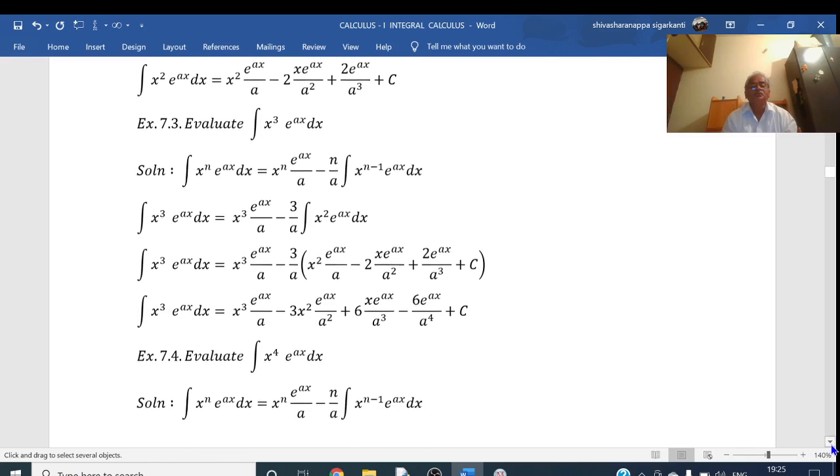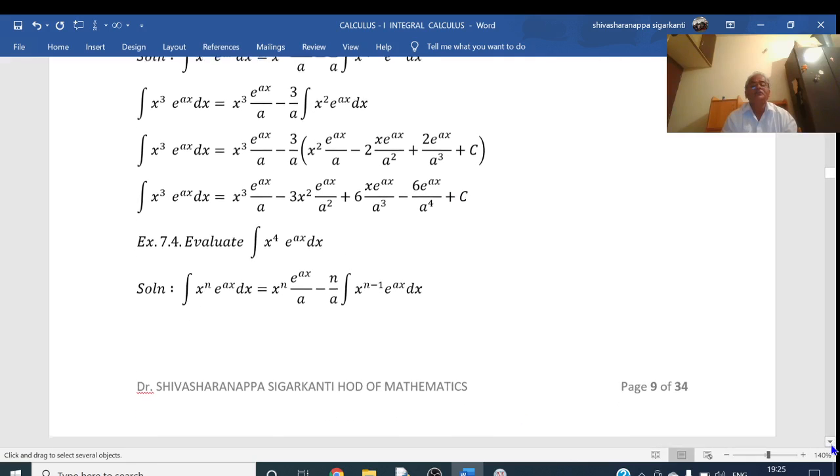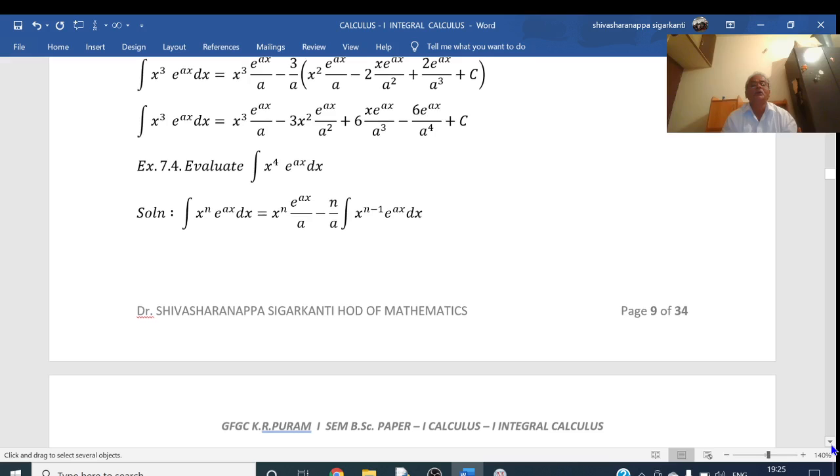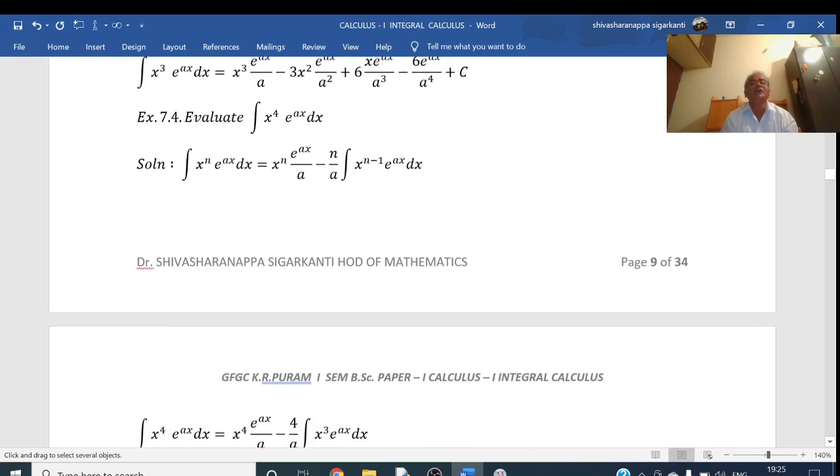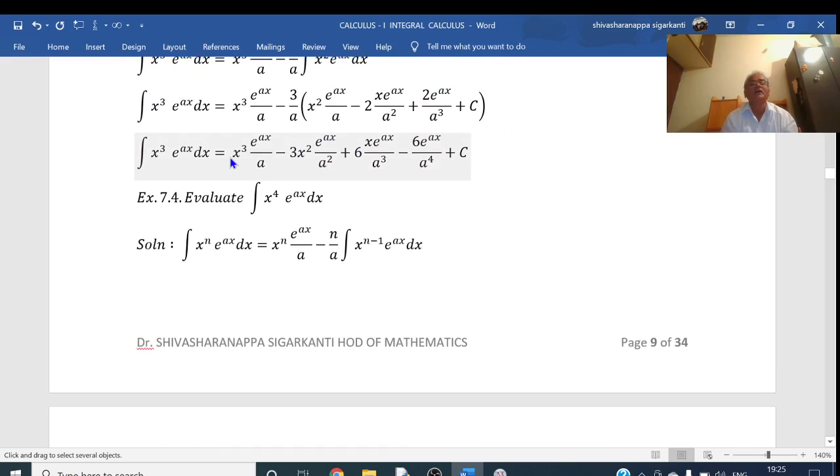Similarly, evaluate x to the power of 4 into e power of ax. Again here we put n equal to 4. If I put n equal to 4, I will get x to the power of 4 e raised to ax by a minus n by a, that is 4 by a into integration of x cube into e power of ax dx. So already we have calculated this, evaluated this x cube into e power of ax into dx.